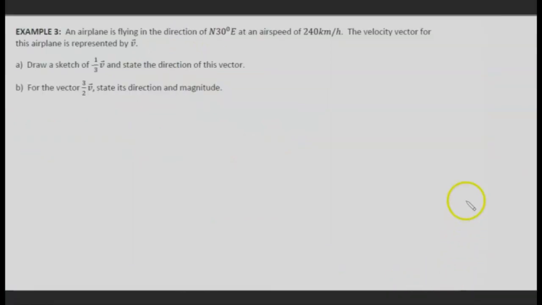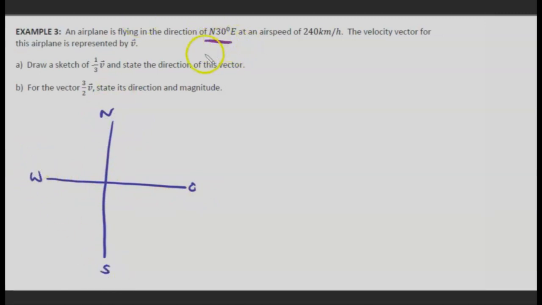Okay, example 3, an airplane is flying in the direction north 30 degrees east. Okay, so I want to talk about that first. So if you had, I'm going to give you an example, never eat shredded wheat. If we're in a direction of north 30 degrees east, what we want to do is start by going north, and then rotate this way 30 degrees toward the east.